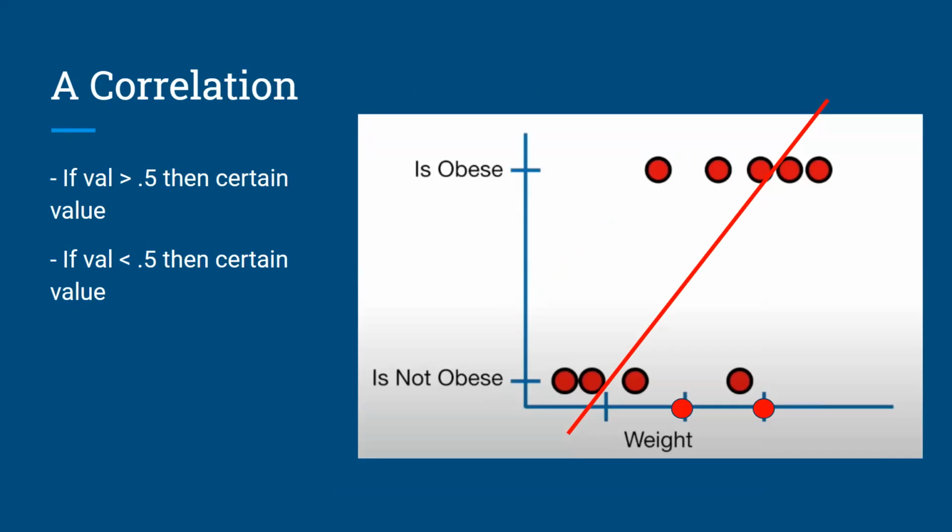Let's say this is my 1, this is my 0. If my y point is less than 0.5, I'm going to say the person's not obese. If it is greater than 0.5, I'm going to say the person is obese. And for this, it somewhat works, right?